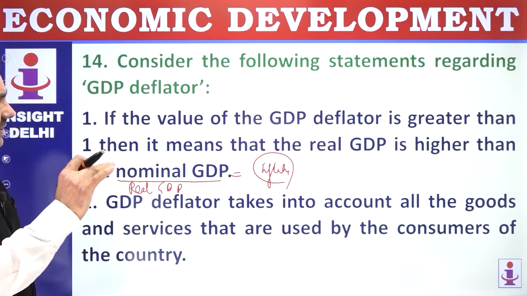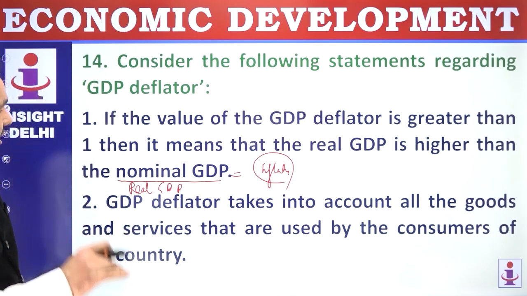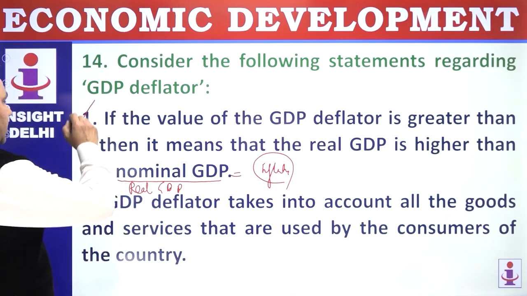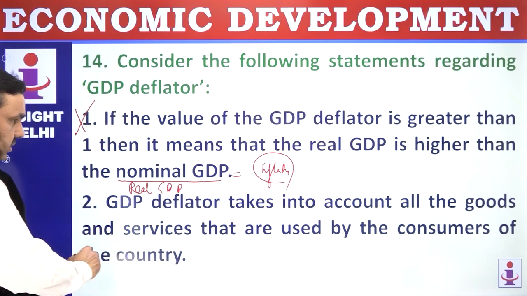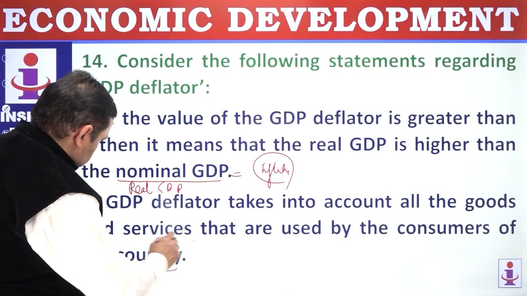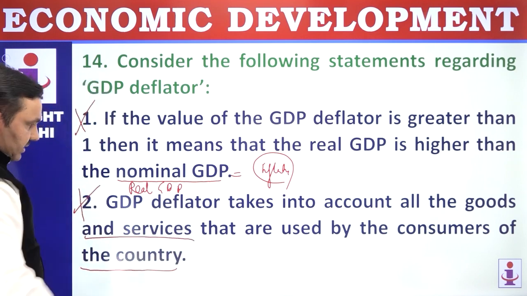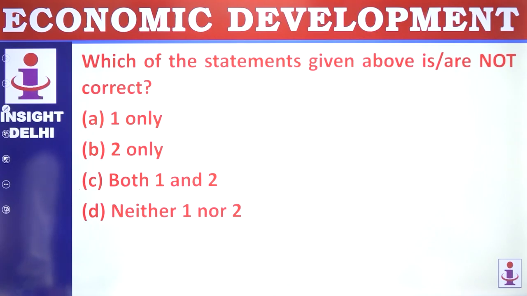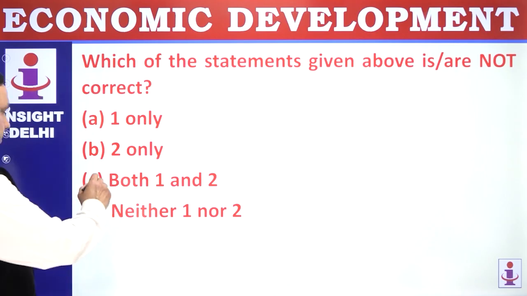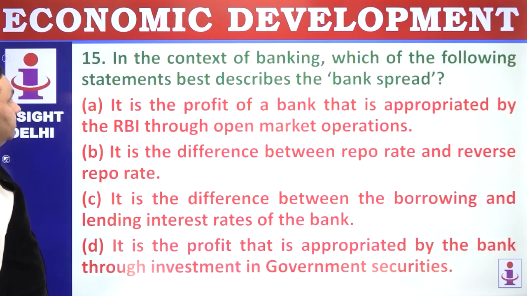So if the value of GDP deflator is higher than 1, it means that nominal GDP is higher than real GDP, so it's opposite. GDP deflator takes into account all the goods and services that are used by consumers of the country. Only domestically produced goods and services are used here, not all the goods and services. Not correct. Both 1 and 2 are not correct.